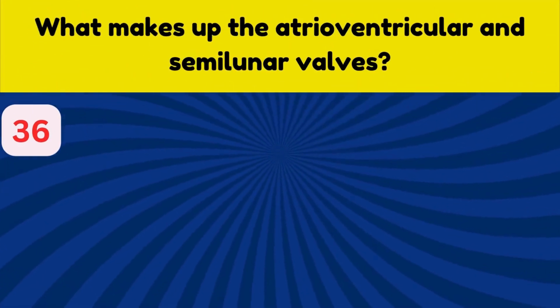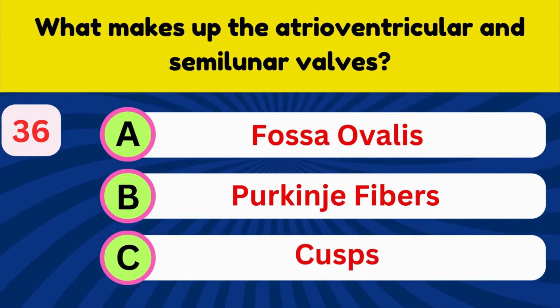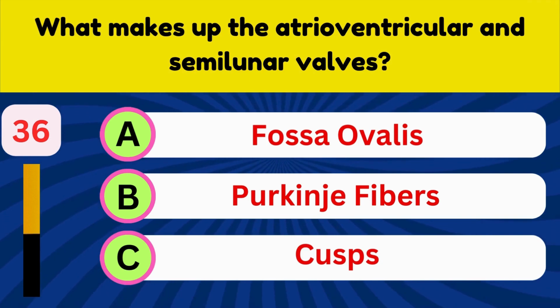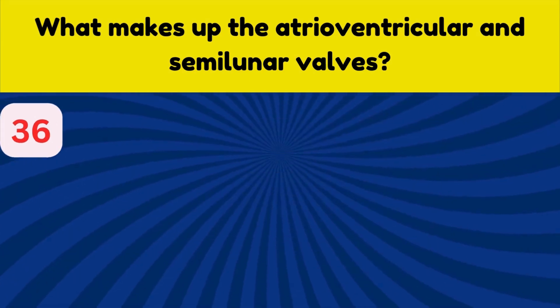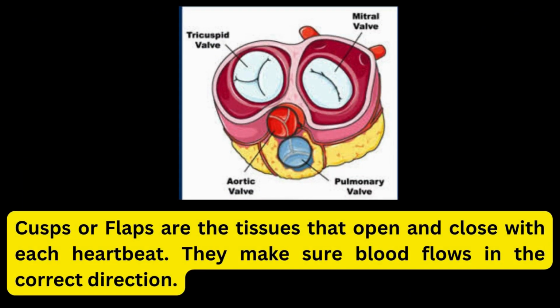What makes up the atrioventricular and semilunar valves? Cusps. Cusps, or flaps, are the tissues that open and close with each heartbeat. They make sure blood flows in the correct direction.